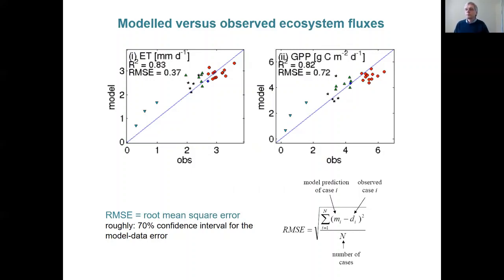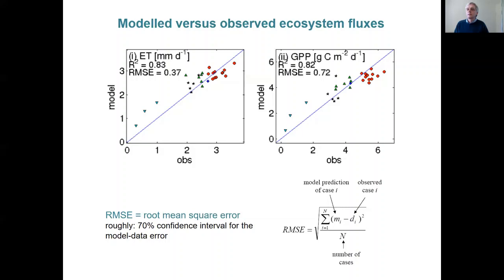So, classic example here, a scattergram plotting some model predictions against observations here for evapotranspiration and GPP. The blue line is the line of perfect agreement. We usually call that the one-to-one line, relating the model predictions to the observations we have for the same points in time and space.